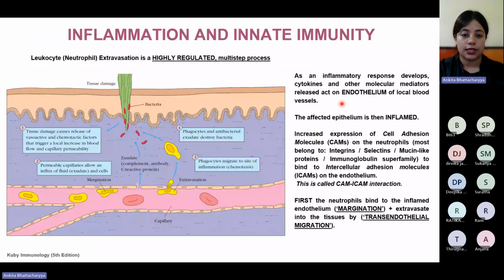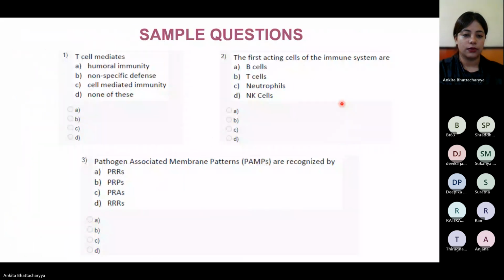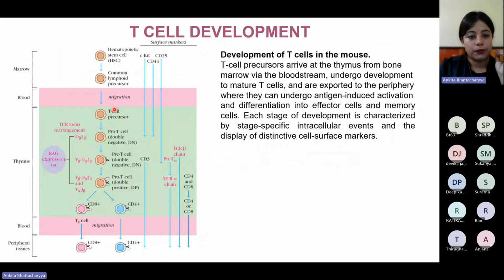So coming back to this slide. From the T cell precursor in the pro-T cell stage, it is initially double negative, which means it is CD4 minus, CD8 minus. It does not express either of these two markers. The differentiation between the pro and pre-T cell is that it has undergone this TCR rearrangement, which takes place first.